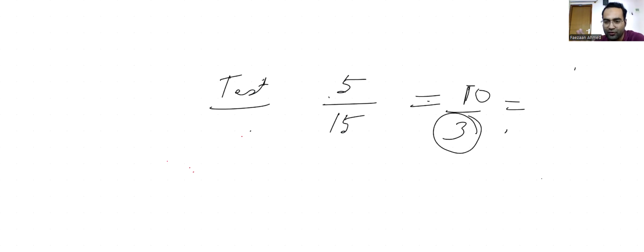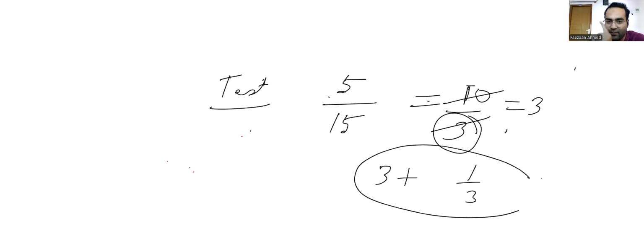If you add a 0, then you will divide. So you'll get 3, but then you'll be left with 1 by 3, because this is nothing but 3 plus 1 by 3. Understand, 3 parts make one complete part. And if you want to go to 10, you will have 3 plus 3 plus 3. That is 3 complete units, right?